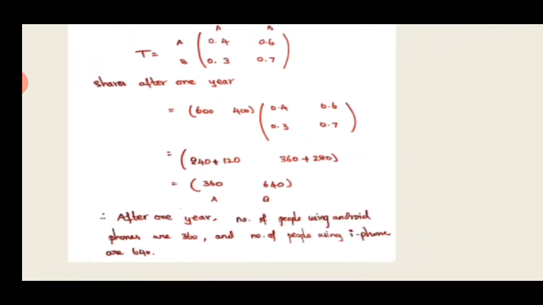First row, first column: 600 into 0.4 is 240, plus 400 into 0.3 is 120, so 360. Next, 600 and 400 with 0.6 and 0.7: 600 into 0.6 gets 360, plus 400 into 0.7 gets 280, so the answer is 640.